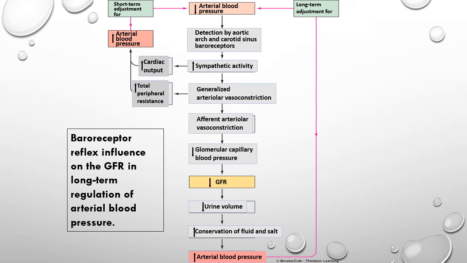And so if blood pressure is starting to change, and if we have an increase in the need for sympathetic output, our vasoconstriction is going to lead to a decrease in glomerular pressure, which leads to a decrease in GFR, which leads to a decrease in the amount of urine that we produce, which then leads to the potential for more water and more salts being left in the body, thereby giving us an increase in arterial blood pressure.